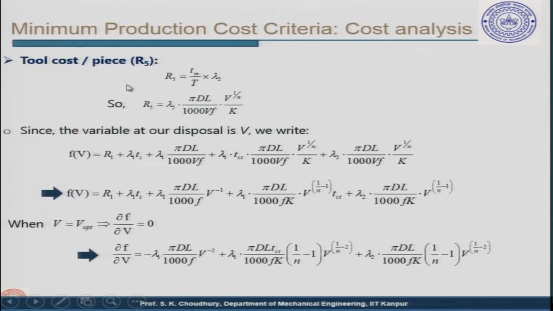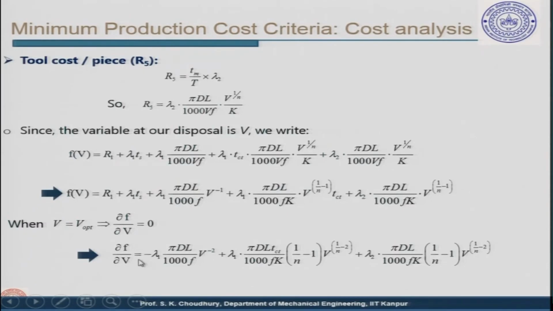Separately we found out R1, R2, R3, R4, R5, and we are summing them up. Since we have taken it with respect to V, we are separating out that V will be V to the power minus 1, here V to the power 1 minus n minus 1, and here also the same.